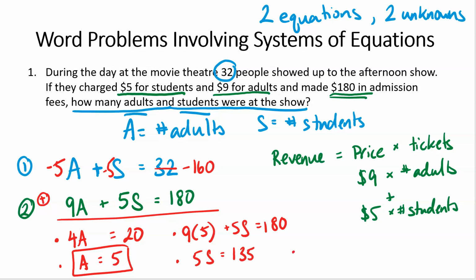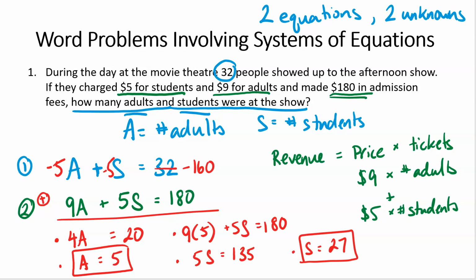Therefore, 135 divided by 5 would equal 27. So what this is telling me is that there are 27 students and 5 adults. And of course, you can test out the equations by plugging those numbers back in the original equations and making sure they hold true. Okay, so that's how to solve the equation.